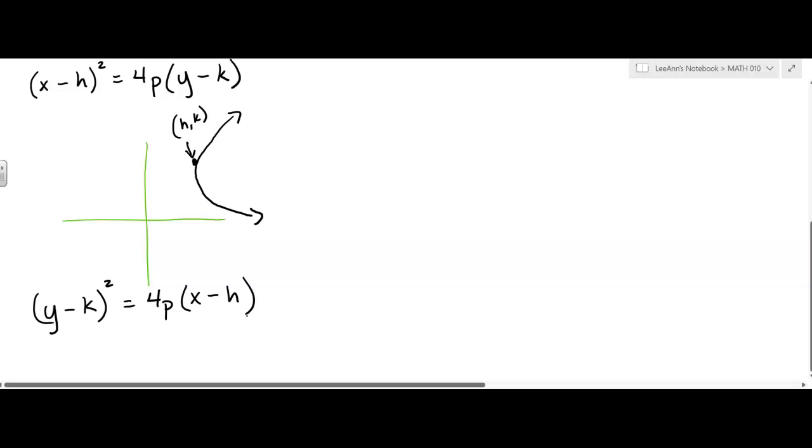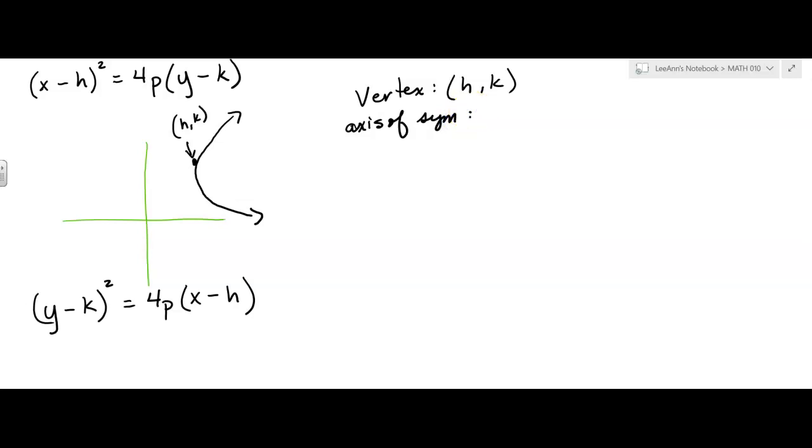Let's see. We have the vertex still at h, k. The axis of symmetry is going to be going right through this way. So that's going to be a y equals line, and it's going to be y equals k.